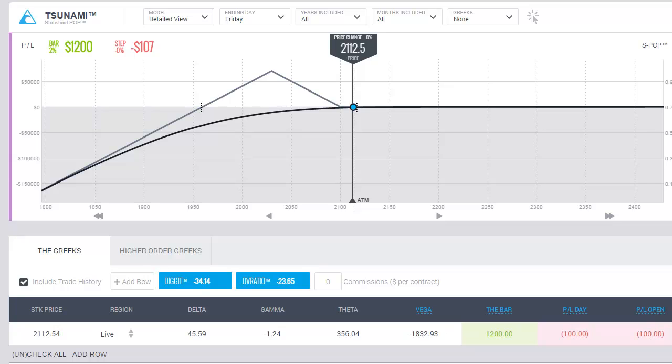Your Vega's backwards, your Vomma's backwards, and your Vanna is also backwards. So again, you end up with a trade like this that is risking about $100,000 with a decent move to the downside, where it's only going to profit about $1,200 if you move up.